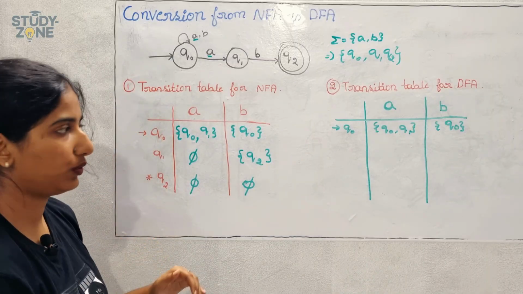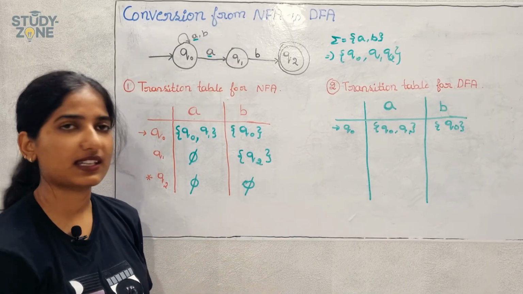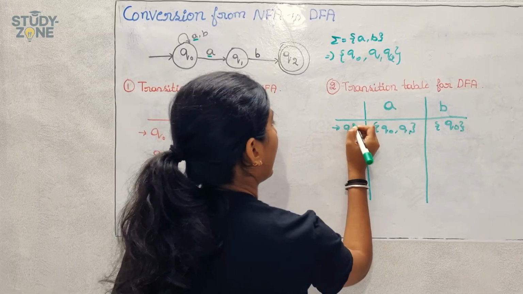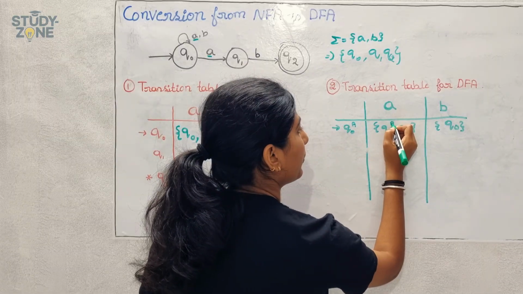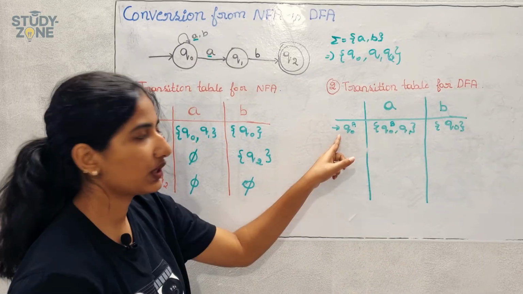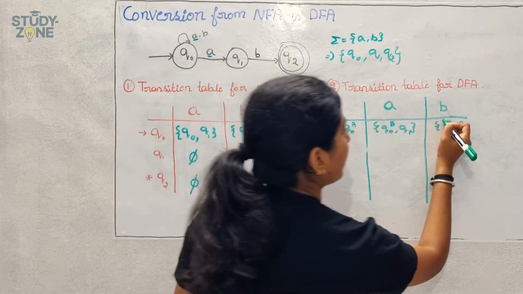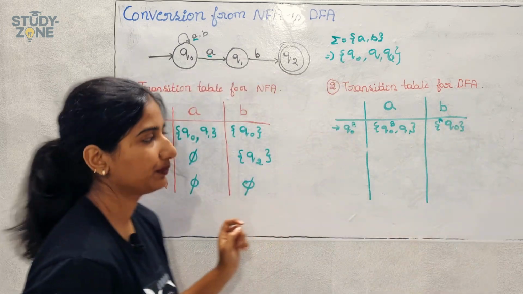Then we have to name them with some symbols. Q0 will be named A, and Q0 Q1 is named B. Q0, which is already named, we name again as A only.